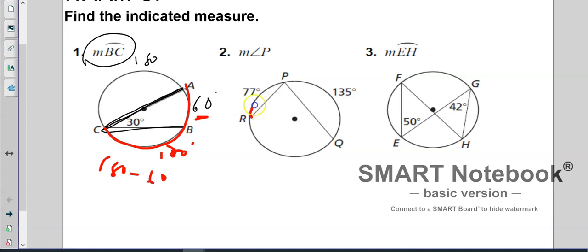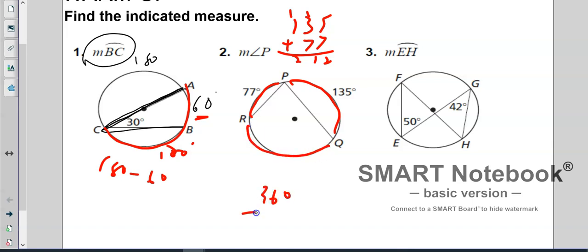Okay, the measure of angle P. Well, right here we have 77. Right here we have 135. 135 plus 77 is 212. That means RQ here is 360 minus 212.